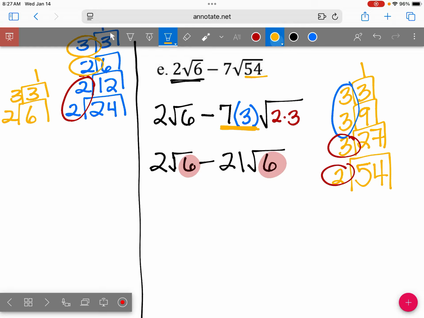And what they want us to do is take 2 minus 21. 2 minus 21 would be negative 19 square root of 6.